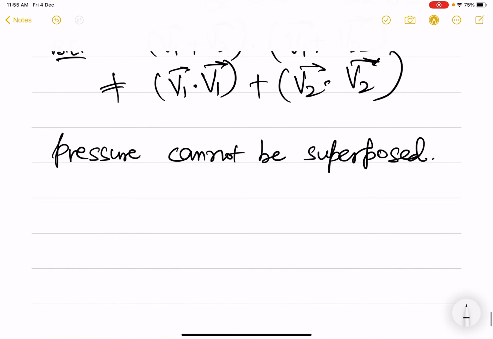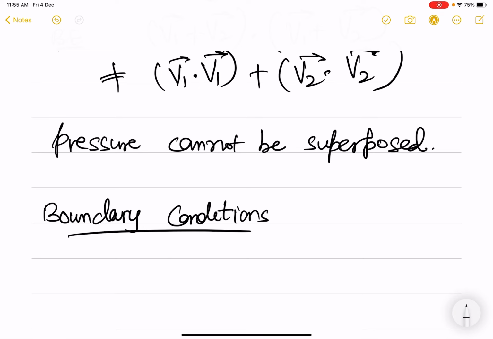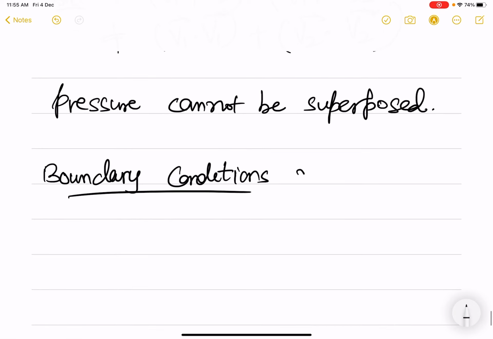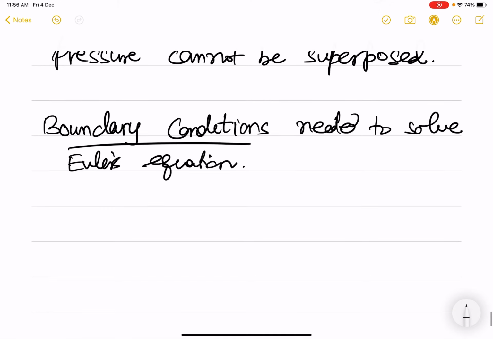Now let us look at the boundary conditions. Let us discuss what boundary conditions are needed to solve Euler's equations. Let's first start from Euler's equations and see what happens.